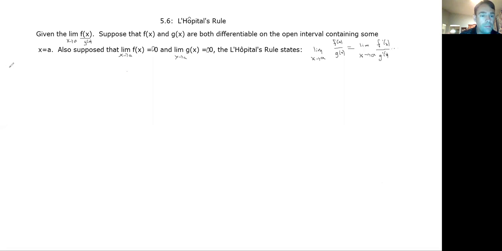What would that look like? Say I give you a function like the limit as x approaches infinity of x squared over e to the x.